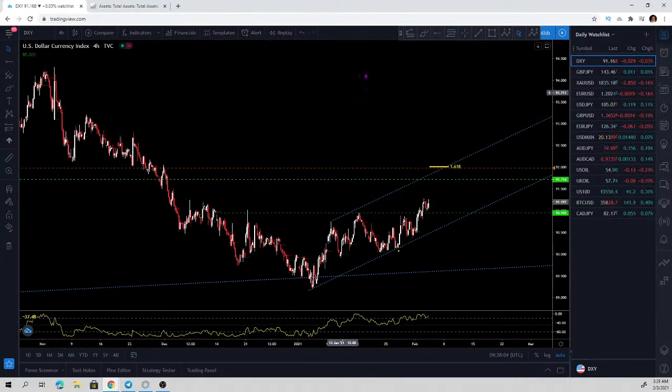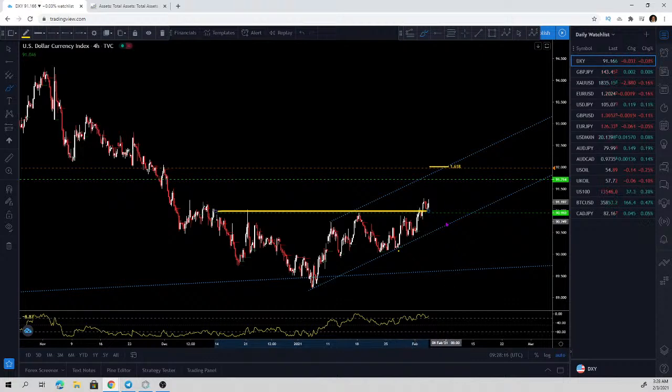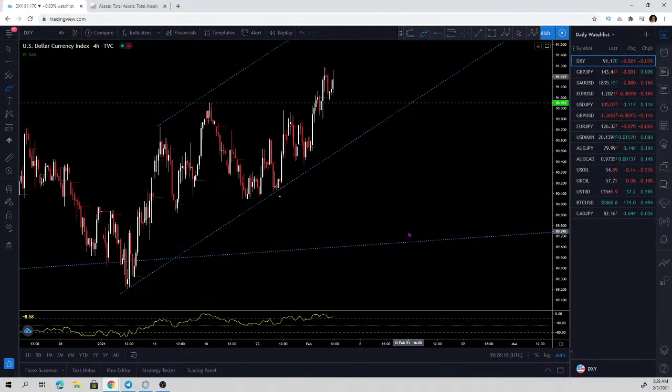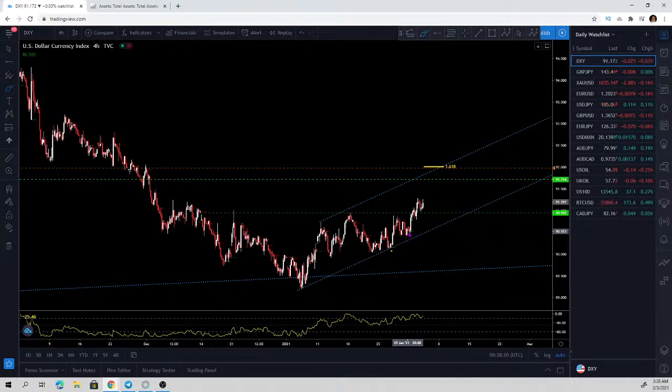On the 4-hour chart, you can see that we are in a shorter-term bullish structure, right? And at the end of last week, I was looking at this level, these highs, the 91 level, right? And the reason that I am currently trading long the US dollar on different financial instruments like gold, the GBPUSD, etc., is because of this, right?